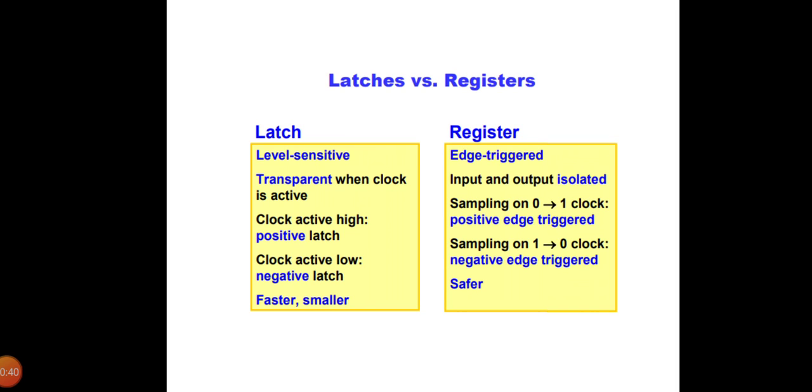Here are some of the differences in the comparison between latches and registers. A latch is an essential component in the construction of an edge-triggered register. It is a level-sensitive circuit that passes the D input to the Q output when the clock signal is high. This latch is said to be in transparent mode.